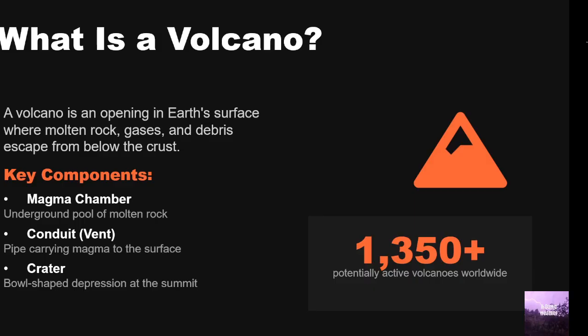The key components are the magma chamber, which is an underground pool of molten rock, the conduit vent, which is a pipe carrying magma to the surface, and the crater, a bowl-shaped depression at the summit. There are 1,350 plus potentially active volcanoes worldwide.